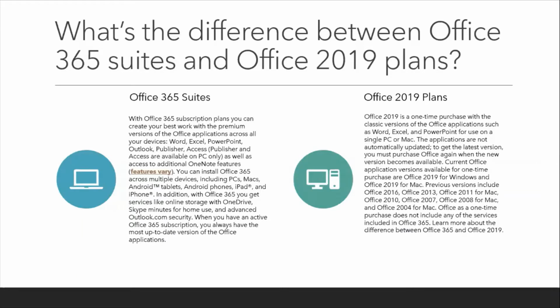But that also includes all the different updates. Office 2019 is a one-time purchase, and then you have to pay for the updates separately from that. And to add a little bit of confusion, there's also Microsoft 365, which includes Windows 10 and also some security endpoint as well as an Office subscription.